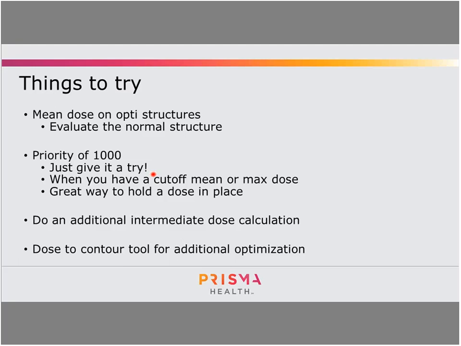So, also doing another intermediate dose calculation. If you are calculating something that's kind of near a sinus or air cavity, when it's optimizing and then it goes in and does a dose calc, sometimes you'll see your DVH just does not look like what it looked like before. And I found that the more intermediate dose calcs you do, you actually get better agreement. And so, this is sort of the extreme cases if you're doing a lung structure.